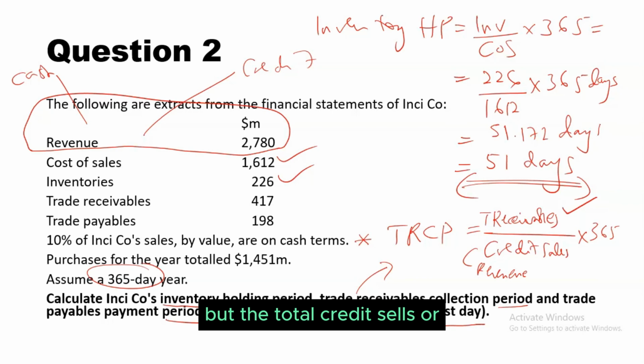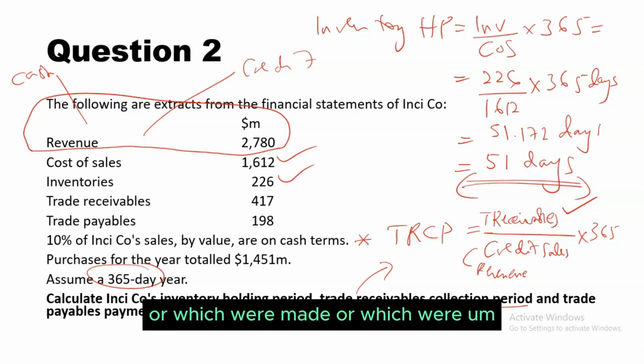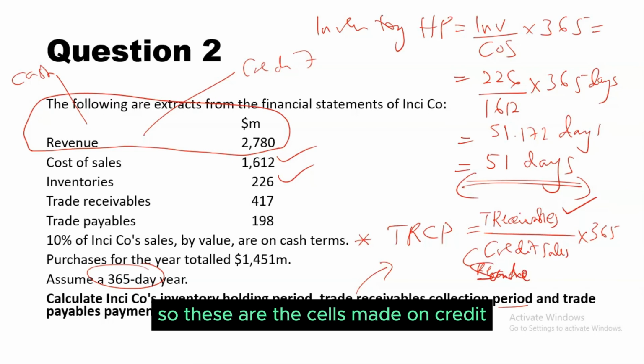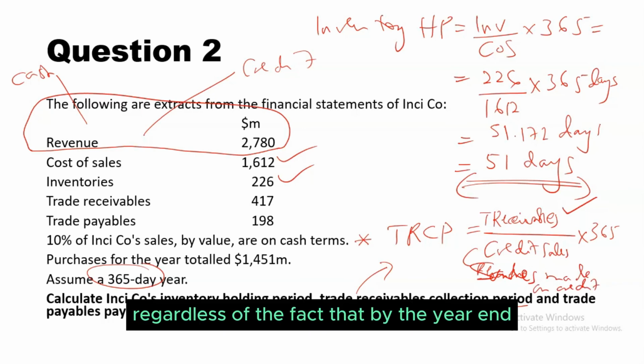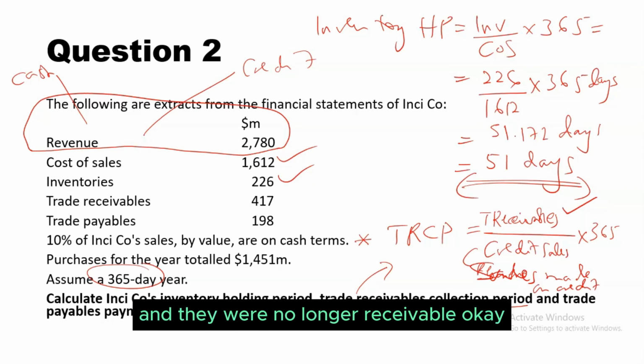But the total credit sales, those sales which were made or given out on credit, are the credit sales which are the denominator. These are the sales made on credit, regardless of the fact that by the year end, some of them were paid for and were no longer receivables.